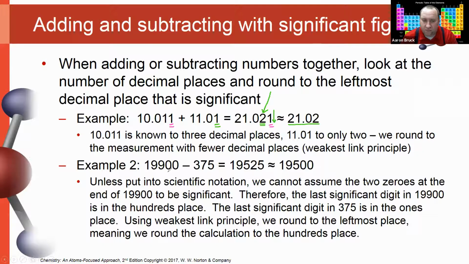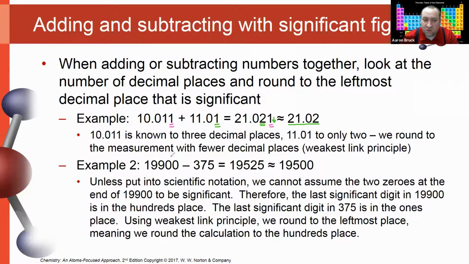In our second example, and again, this is where things get a little bit more complex: 19,900 minus 375. On the surface, if you were following this from a math problem perspective, you would look at this and say, okay, I just subtract the two values, 19,525 is my answer. Problem is, we have to assume that these are measured values, and as measured values, significant figure rules apply.